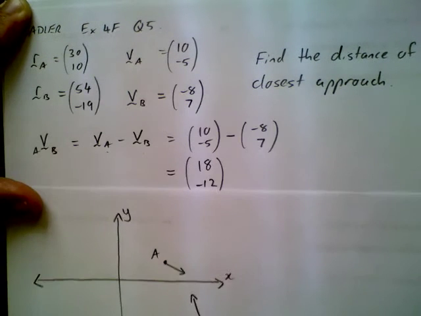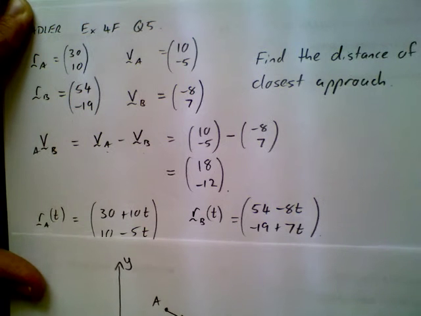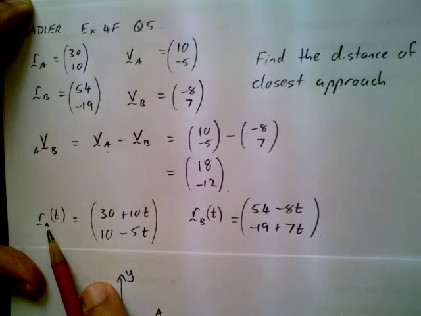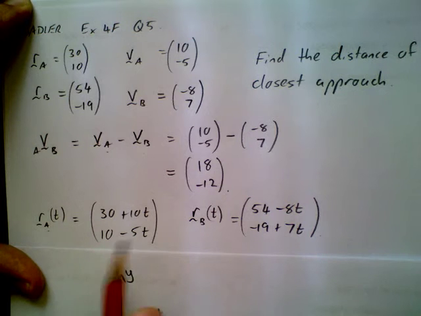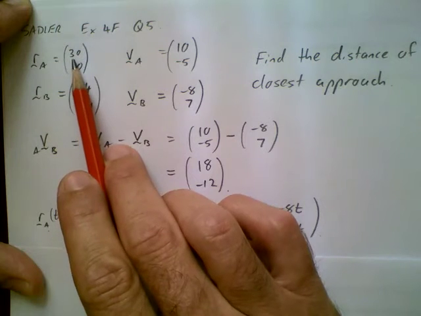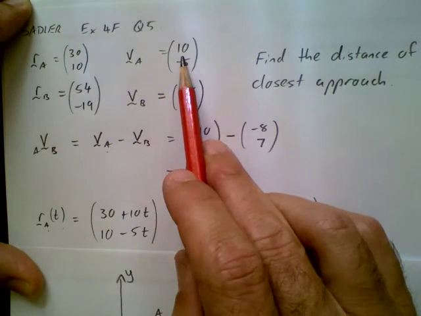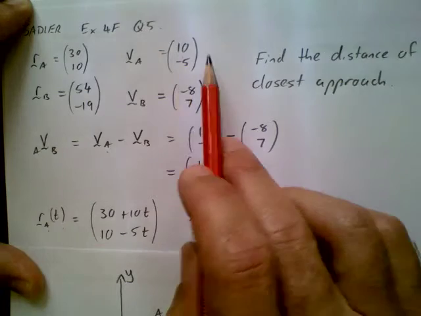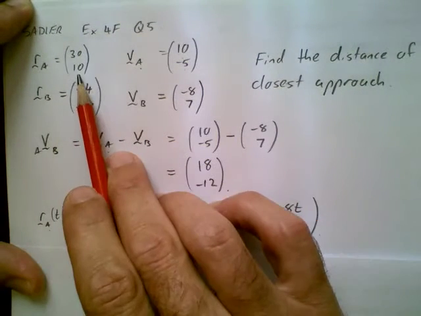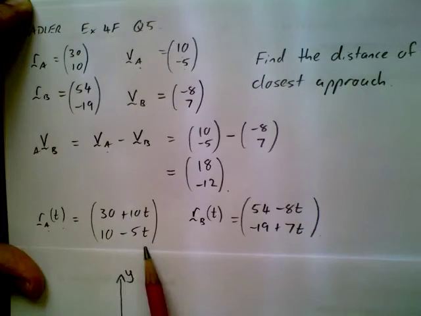So to do that, again, what we'll first need to do is define both the position vector of A and the position vector of B with respect to time. So you can see here, position vector of A with respect to time will be 30 plus 10t, bringing into account the velocity of particle A, and then we've got 10 take 5t.